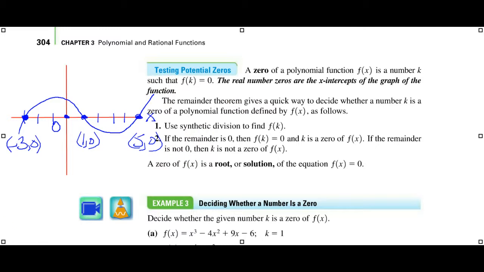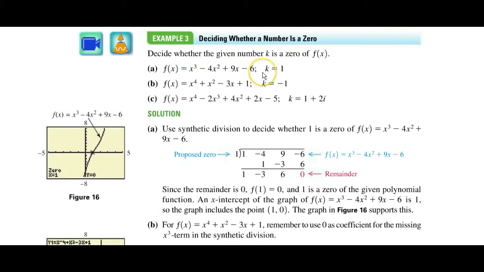All right, so let's take a look at an actual example. So in the first one, we're saying that our constant of this function is a 1. So we're going to use synthetic division, putting our expression into the format to do synthetic division by just putting the coefficients of each of the terms and then working it through, and then you find out that you have a remainder of 0.